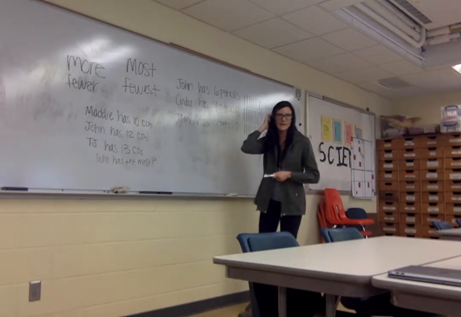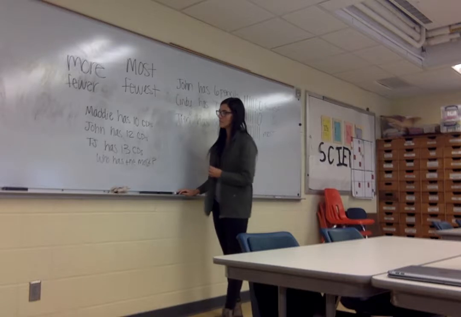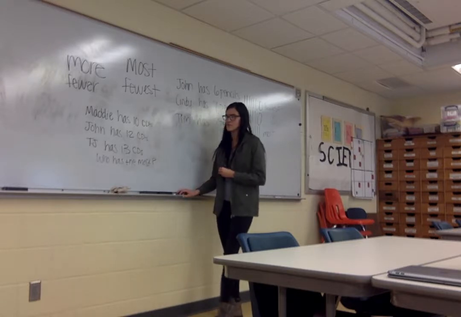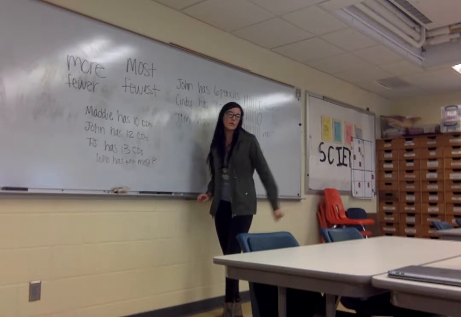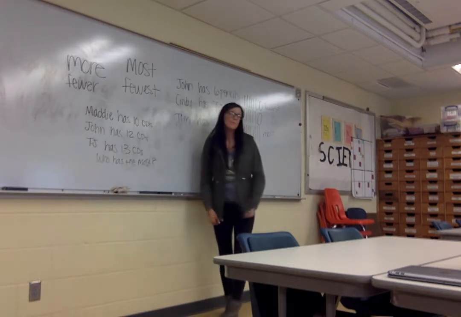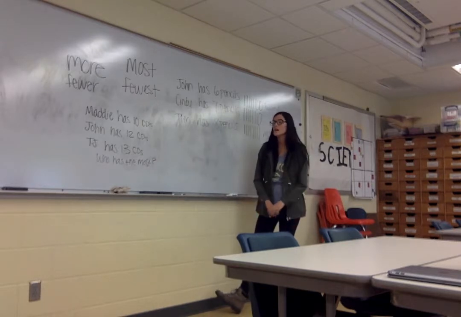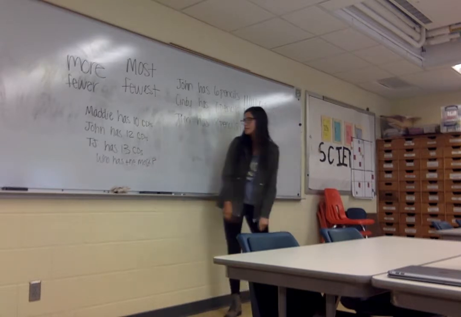I said Maddie has 10 CDs, John has 12 CDs, and TJ has 13 CDs. So we're working with double-digit numbers, so you might need a little extra time, but take your time, and then I will call on one of you to come and explain to us how you got your answer.